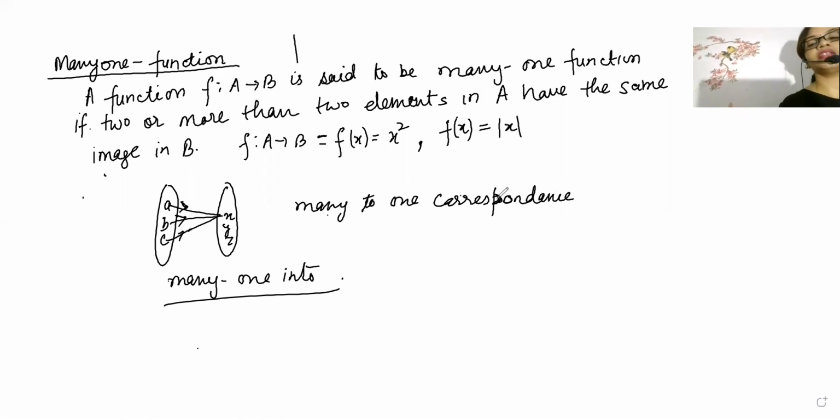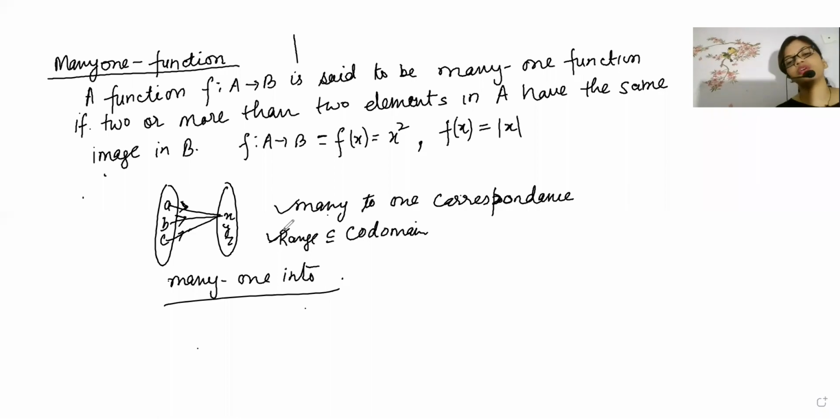And then codomain: range is a subset of codomain here. So these two conditions are there. Because of that, exactly it is a many-one into function.